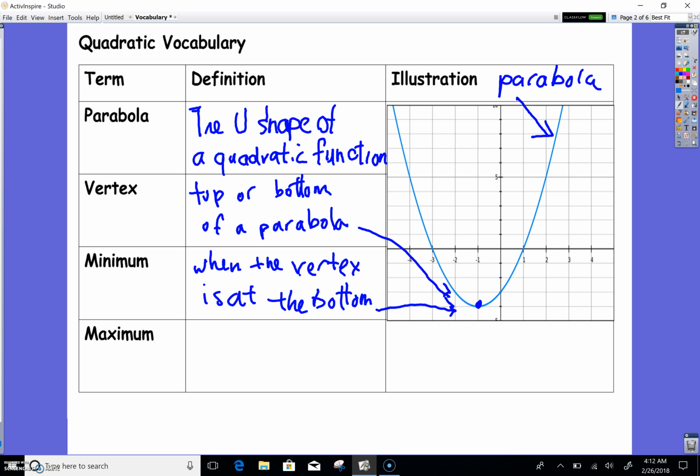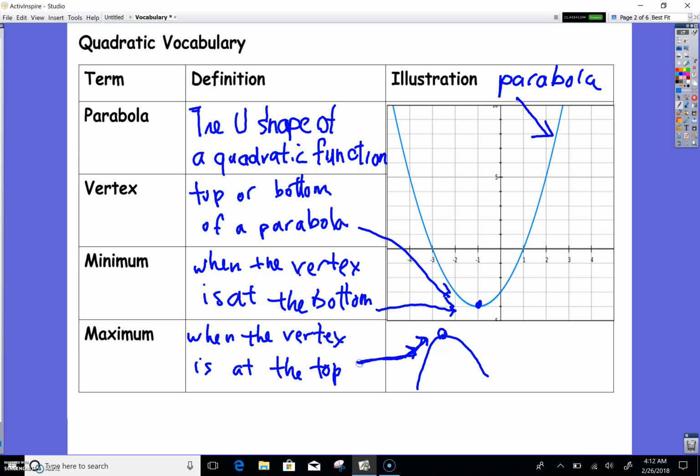Maximum is when the vertex is at the top. Quickly review these vocabularies with you guys. You see I have a parabola and I have a point.